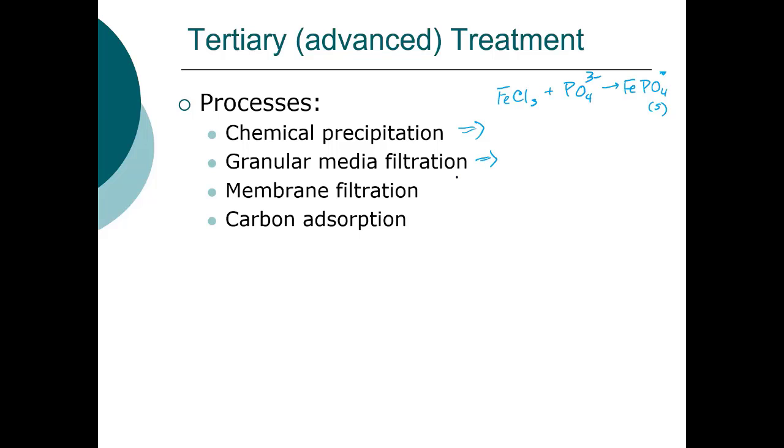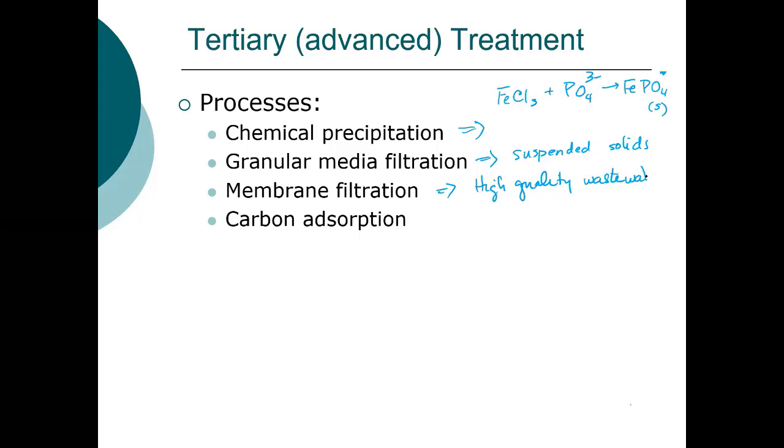Granular media filtration is for removing suspended solids. The East Lansing plant uses both chemical precipitation and granular media filtration. We can use membrane filtration if we need a high quality wastewater.